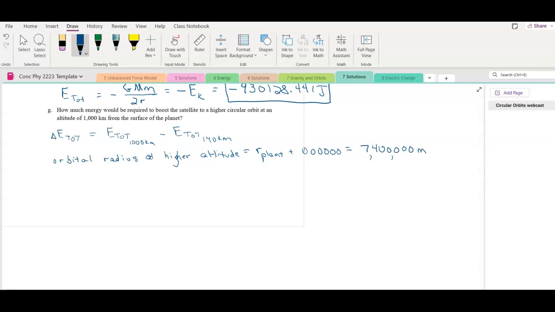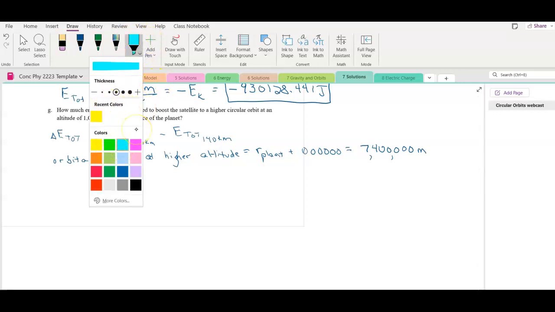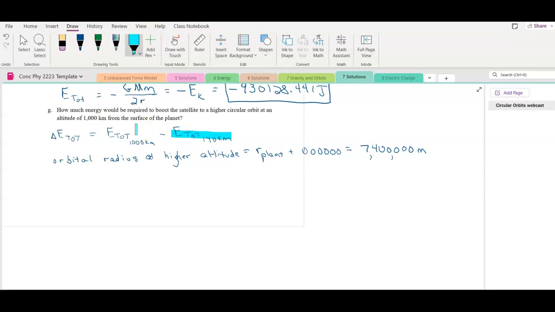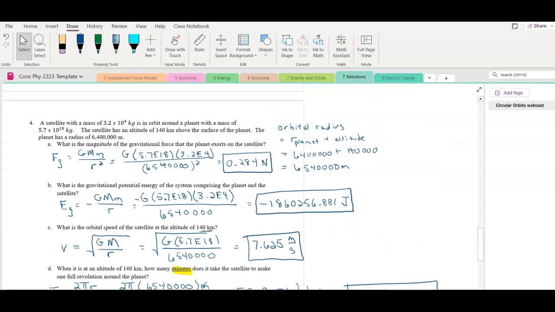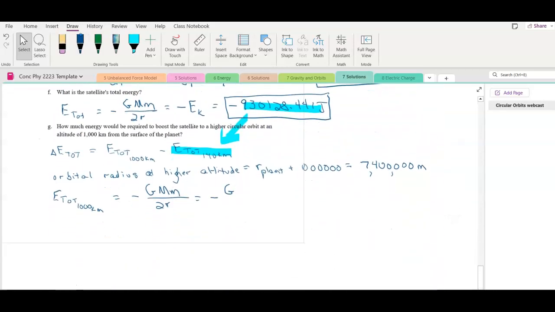Okay, I already know the total energy at 140 kilometers, and so I don't need to recalculate that, but I do need to find the total energy at 1,000 kilometers. And that would be negative G times the product of the masses divided by 2r. And let's see, the mass of the planet was 5.7 e to the 18th.